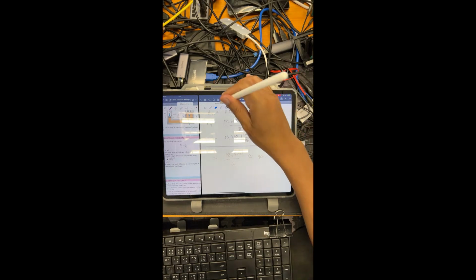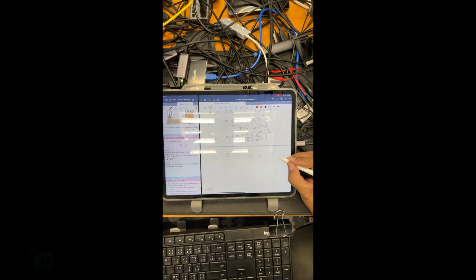And the unit of F is, of course, Newton. We get the answer for the first question.